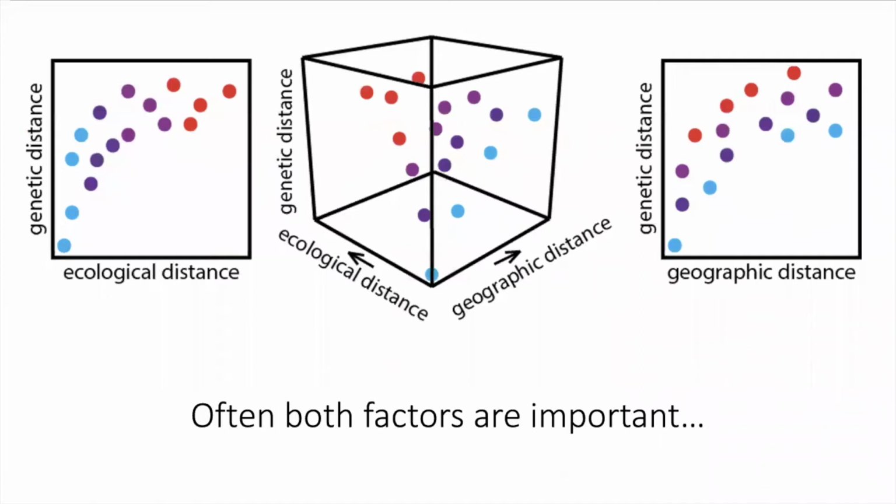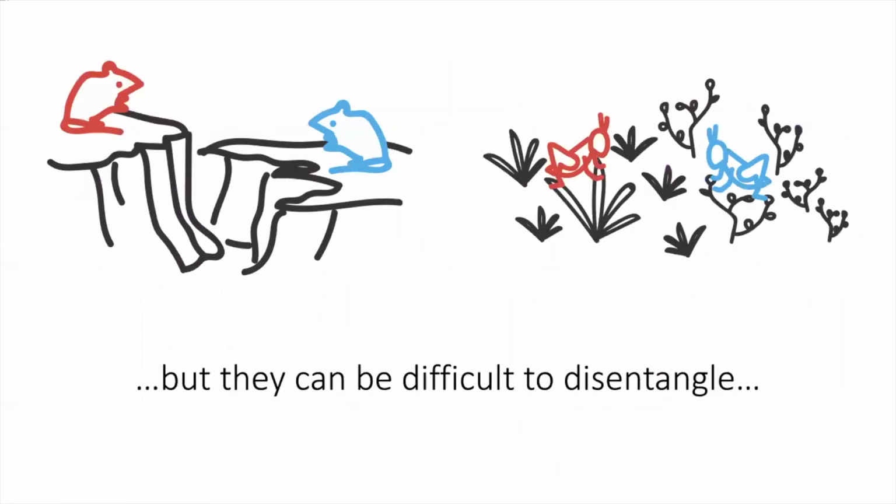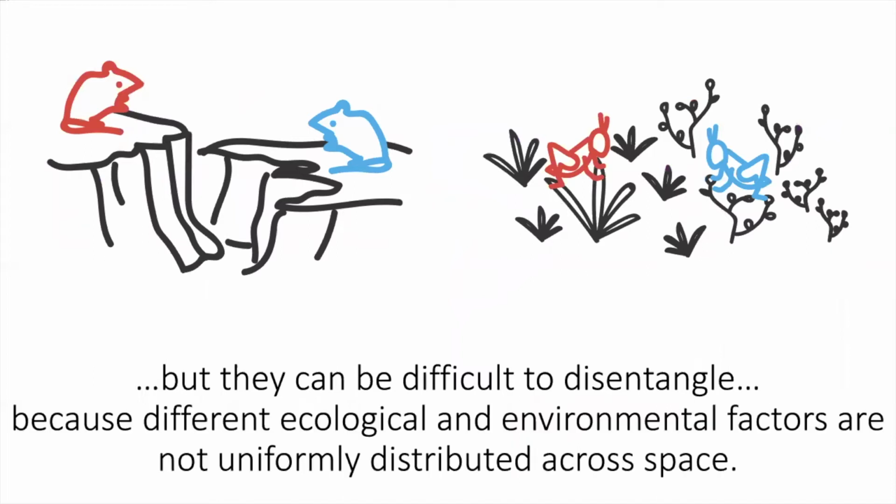But very often in nature, it's not surprising that both ecological distance and geographic distance come into play when we're interested in predicting genetic distance. And they can be really difficult to disentangle. And that's often because different ecological or environmental factors are not uniformly distributed across space.